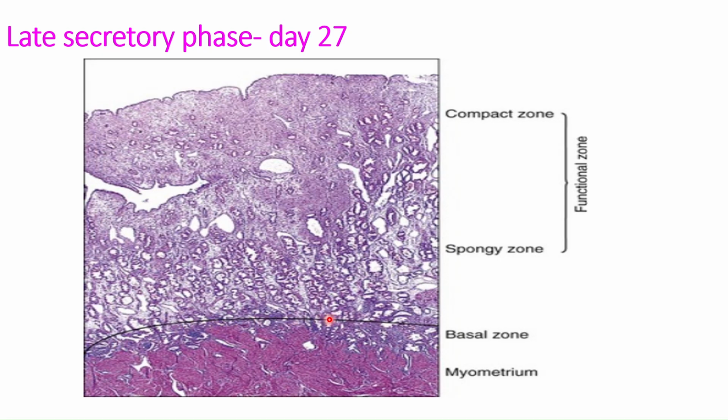This is the lowermost basalis layer, and this is the myometrium. The compact zone is mostly seen in the late secretory phase, around day 27. And here you can see these glands are small and tubular compared to the spongiosum, so this is less responsive to hormones as compared to the spongy zone.